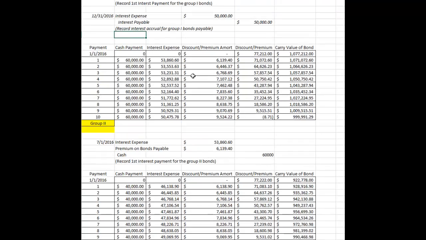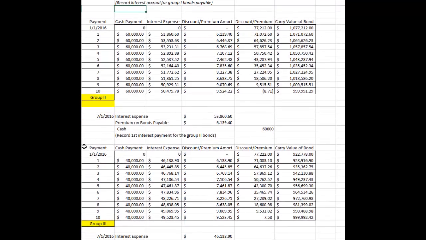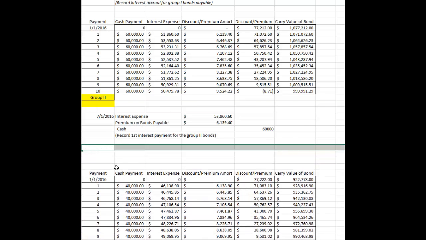Group 2 bonds, though, again, we only have 1 payment's worth of interest, 6 months. So we've got to make this 2016 adjusting journal entry. Again, we're trying to get more interest expense into the income statement. How much interest expense? The last one was easy; it didn't vary for the Group 1 bonds.